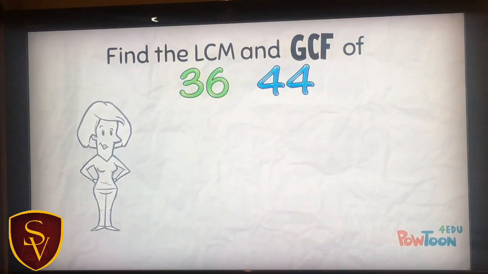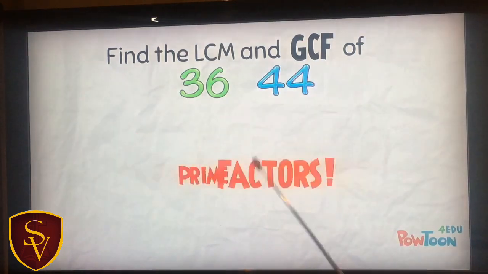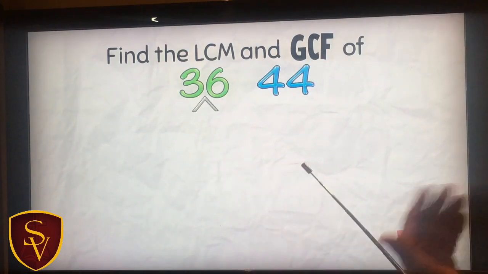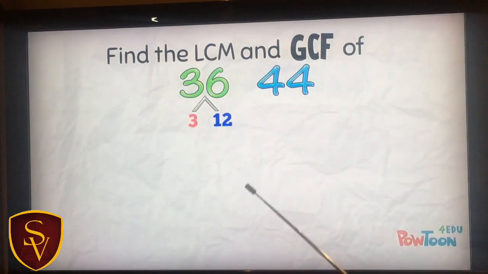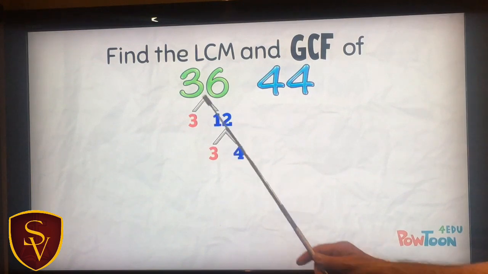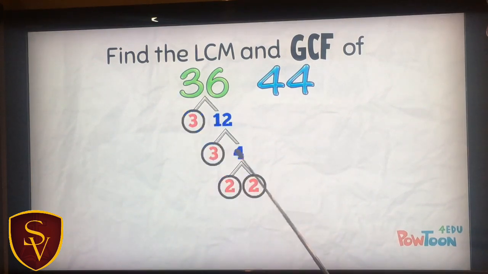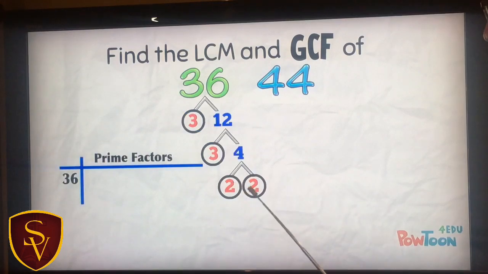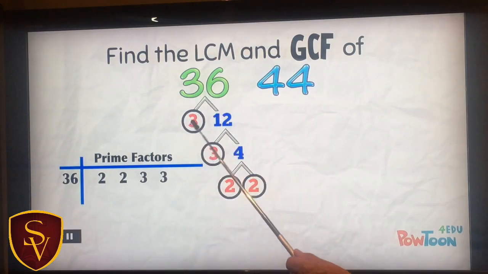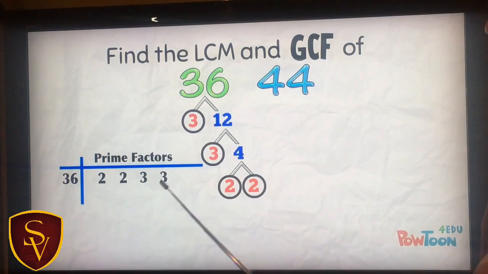We can see that we have to find their prime factors by using the factor tree. As you can see, 36 is 3 times 12, 12 is 3 times 4, and 4 is 2 times 2. So the prime factors of 36 are 3, 3, 2, and 2, which are shown in this table.